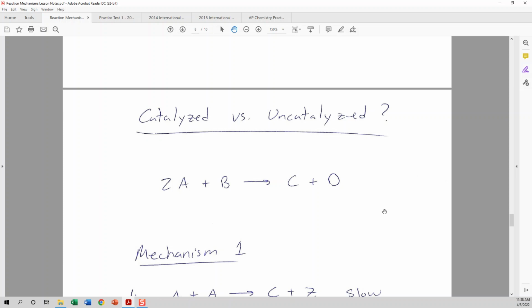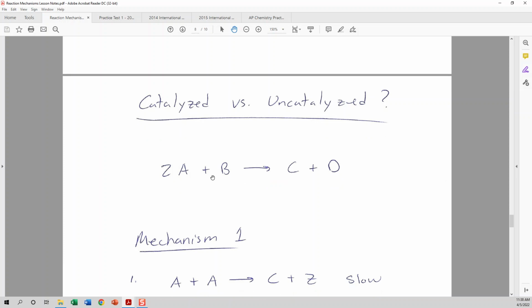So remember, what a catalyst does is it lowers the activation energy, but the way it does that is it provides a new pathway for the reaction to occur, and that means it provides a new mechanism. So reactions can have two different mechanisms. The one that doesn't include a catalyst, just the regular overall reaction mechanism, and then the one that does include a catalyst.